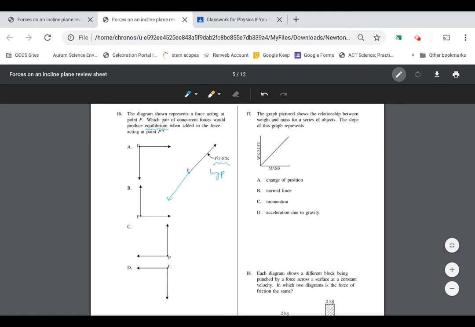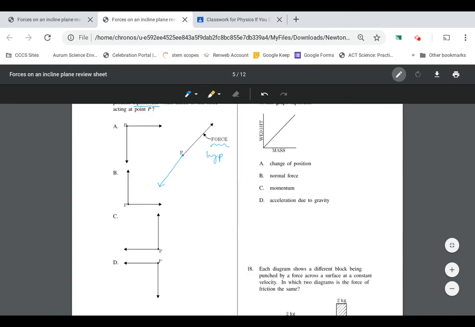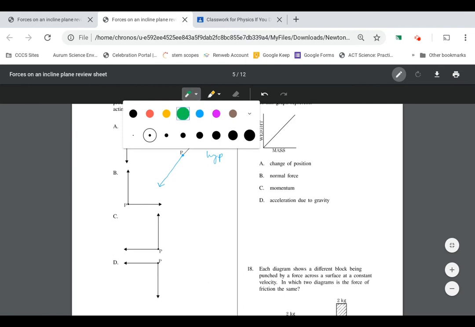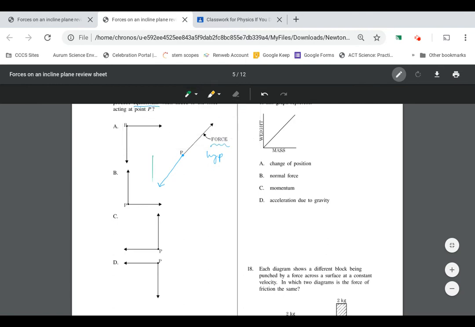So basically we're trying to find which of A, B, C, D represents this blue force. Which is pretty obvious. The one that represents the blue force is D.